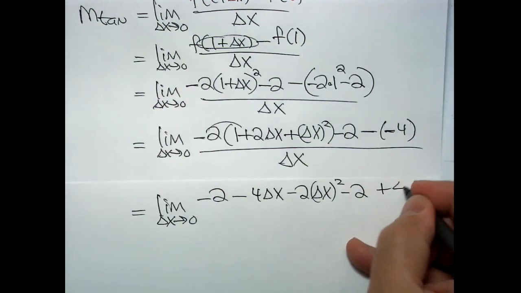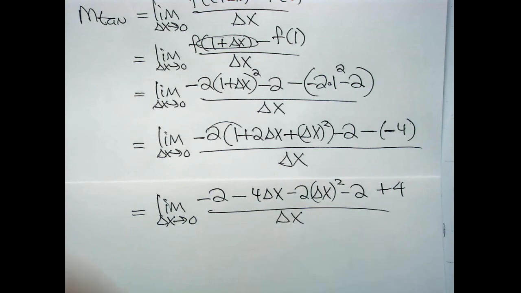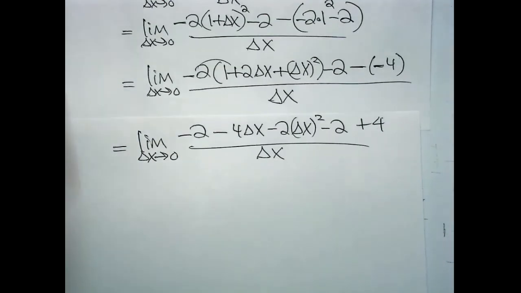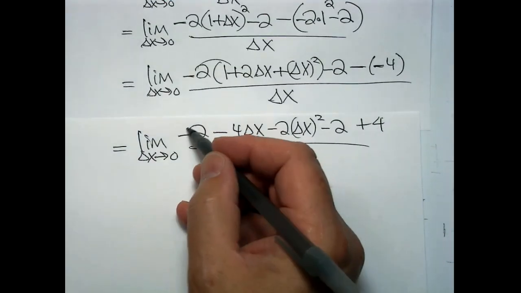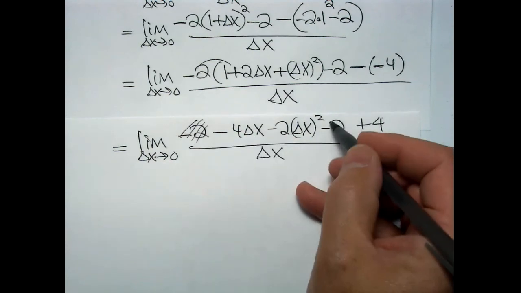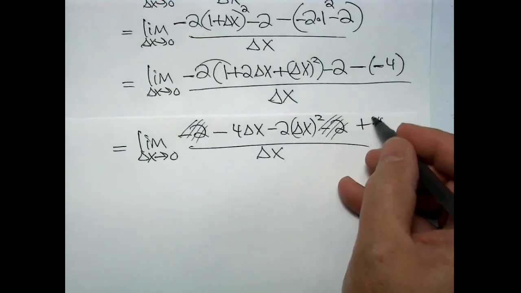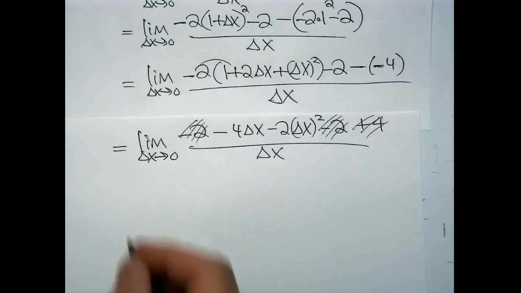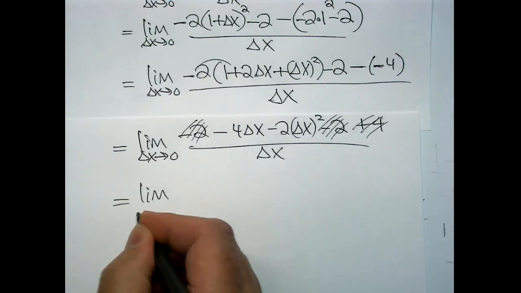Double negative is positive. Don't set delta x to 0 too early, right? Because there's some great cancellation that should take place arithmetically. Minus 2 is 4. Minus 4 plus 4 is 0, so that's all gone. And look what we're left with.